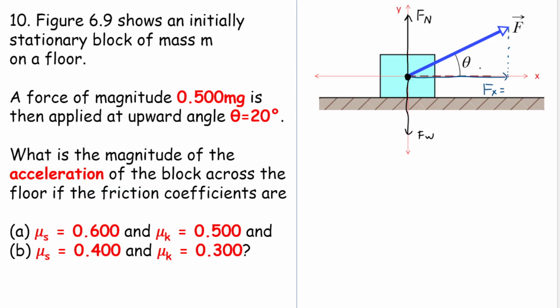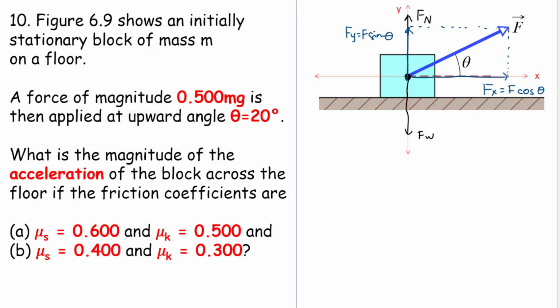Adjacent and hypotenuse is cosine, so I will have F cosine theta. And obviously in the vertical direction, it will be F sine theta, right? So we will have this going up here, and we have Fy, and that Fy is F sine of theta.